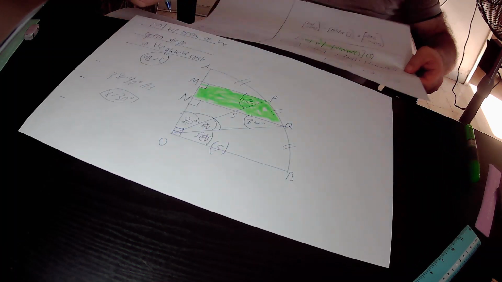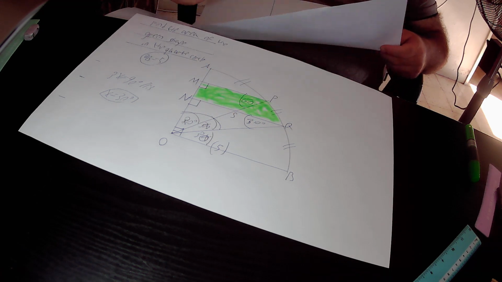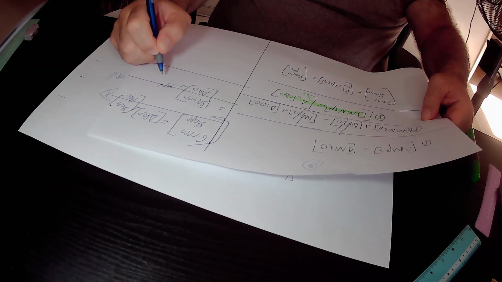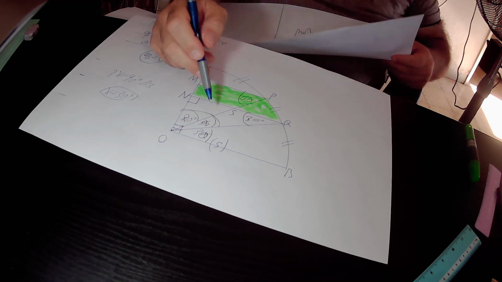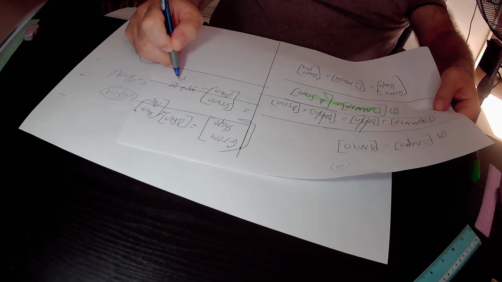And what is the area of sector PQO? The area of sector PQO equals pi r squared, that is the area of the circle, times the angle between the legs of sector PQO, that is 30 degrees, over 360 degrees.